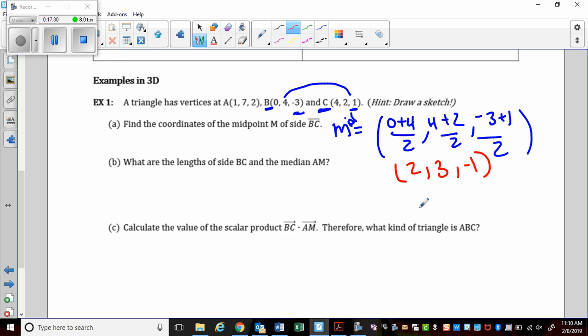That's it. What are the lengths of side BC and the median AM? So let's find the length of side BC first, or the magnitude of BC.